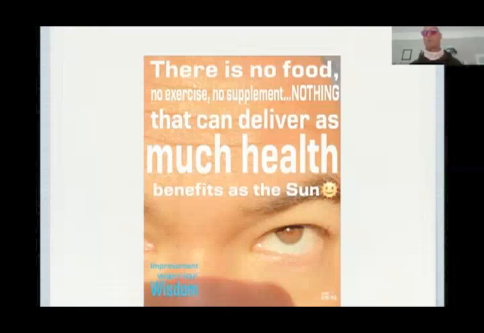I just made a post the other day talking about how where I live, Columbus, Ohio, which is the 40th latitude, we only get probably anywhere from 4 to 4.5 months of good, powerful sun that can actually help reverse your disease or diseases.